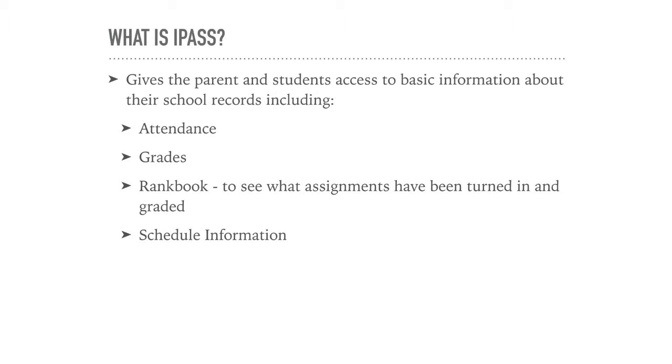Attendance, schedules, which is nice when a parent can see a student's schedule during the school day and know exactly what class their child is in. This helps out a lot with students leaving their musical instruments home or forgetting their clothes for PE. Parents will look and say, oh, the bag's here, I need to take it to school. So just trying to give you an overview of what you will be able to see.